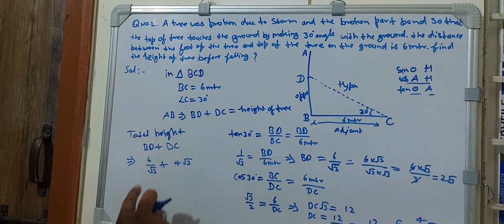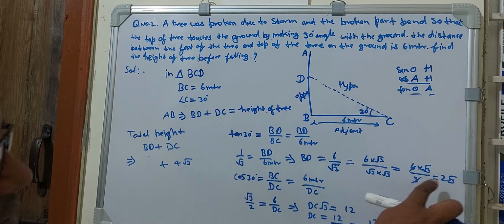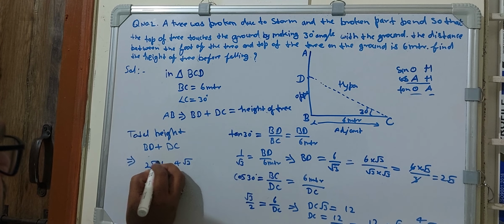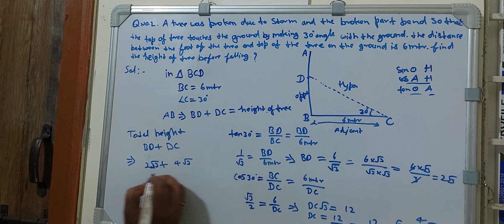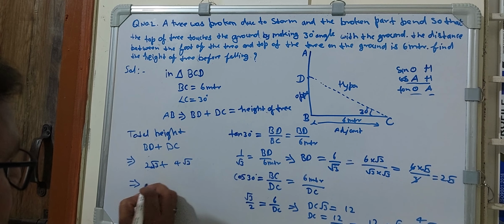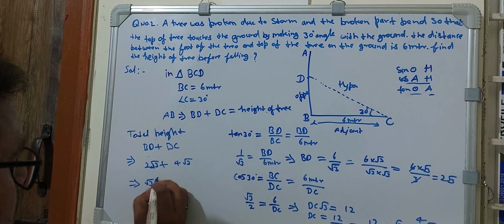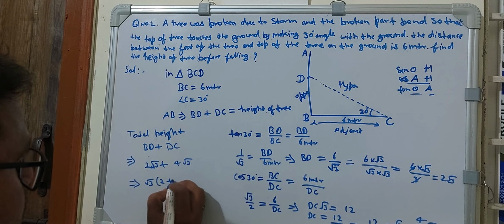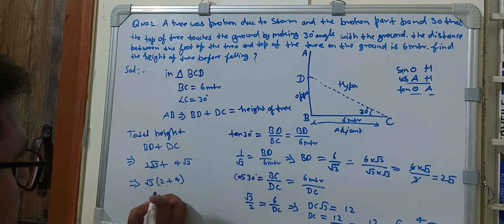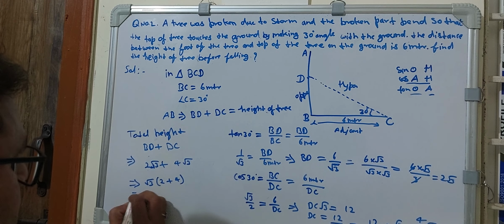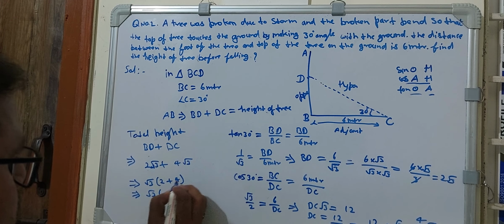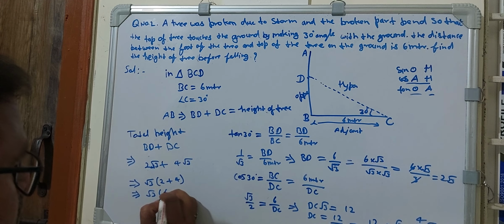So here you can write on the place of BD 2 root 3, right? Now take common root 3, here 2 plus 4. So you can write it root 3 into 4 plus 2, 6, right?